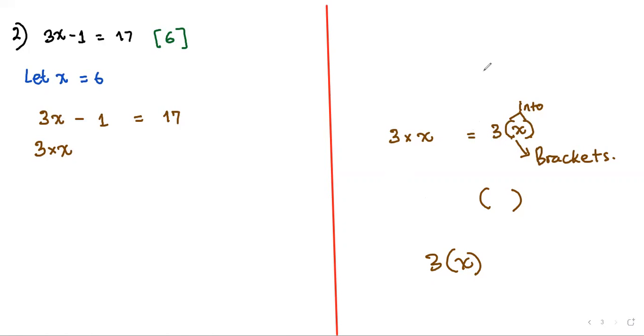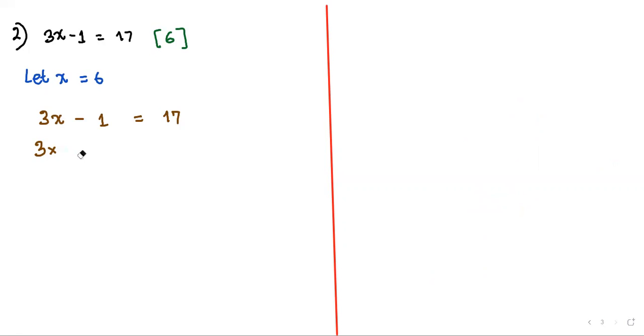It's a very important point for you to know, because as we continue, if you don't know that, you might get confused somehow. So now 3x minus 1 equals 17. I want to use the brackets. I will say 3 into x minus 1 is equal to 17. But now we say let x be 6.